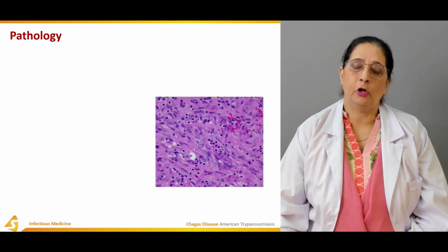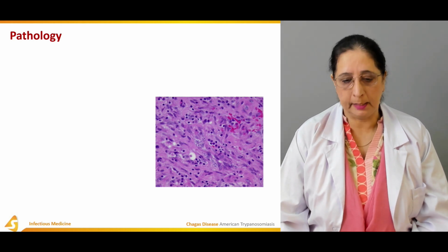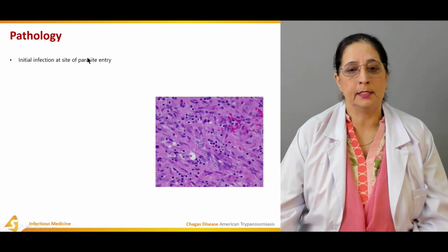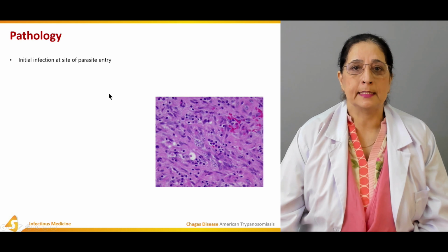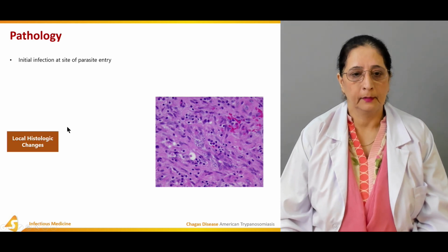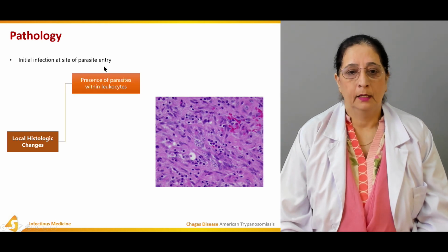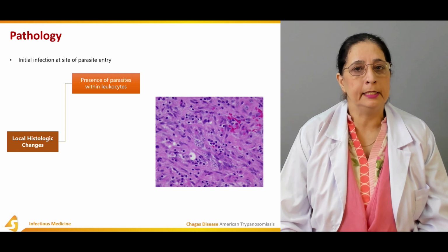Now, what's the pathology, or what are some abnormal changes present? The pathology is that initial infection occurs at the site of entry of the parasite. Local histologic changes. Presence of parasite within the leukocytes.